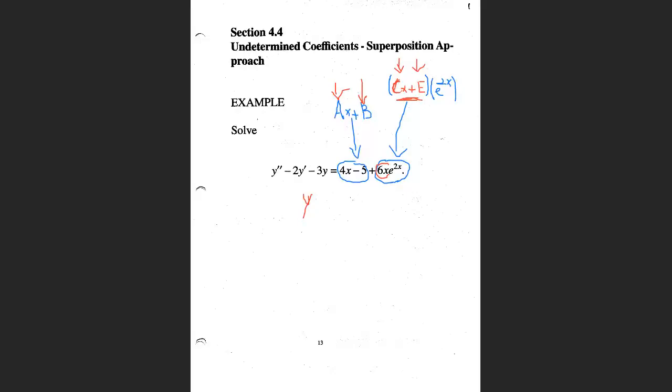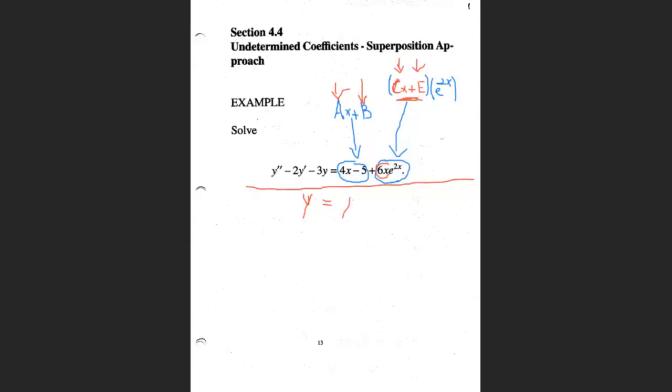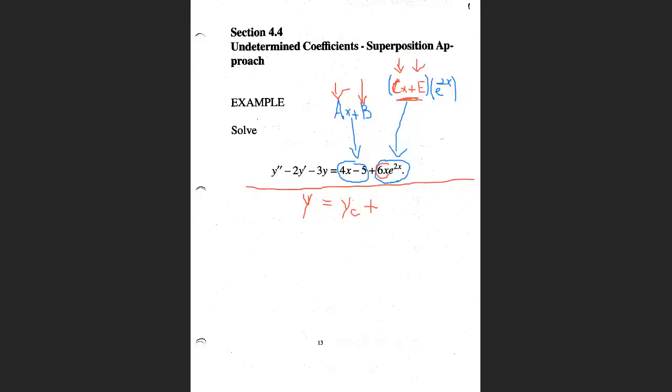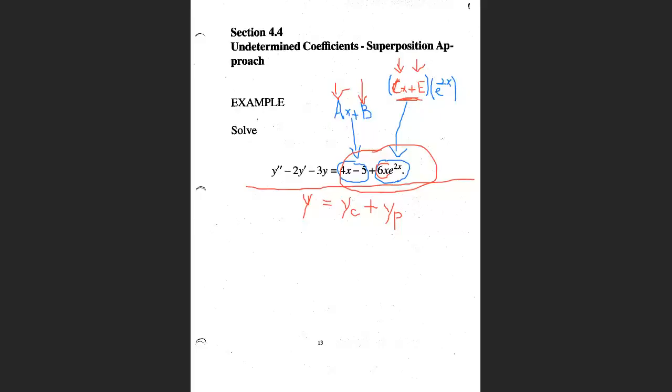So remember, by the superposition principle, the general solution is going to be the sum of a complementary function, y sub c, which is the solution to the homogeneous differential equation, the one where this entire right side equals 0, and then you add to that a particular solution.